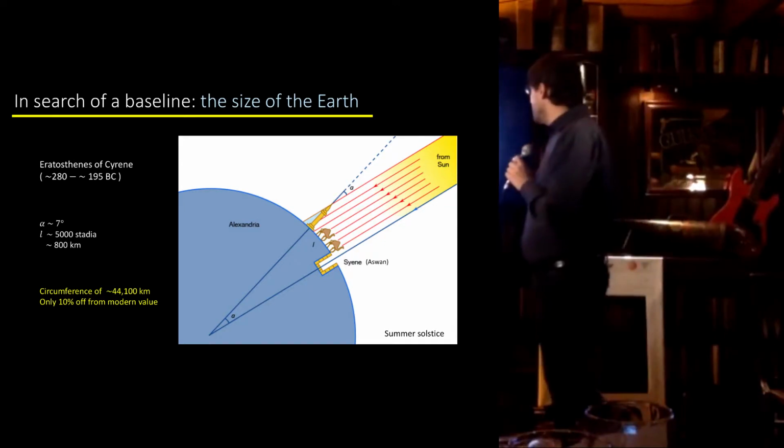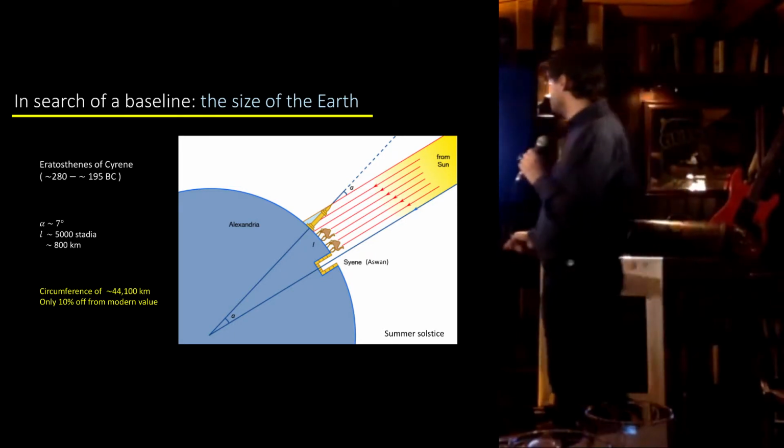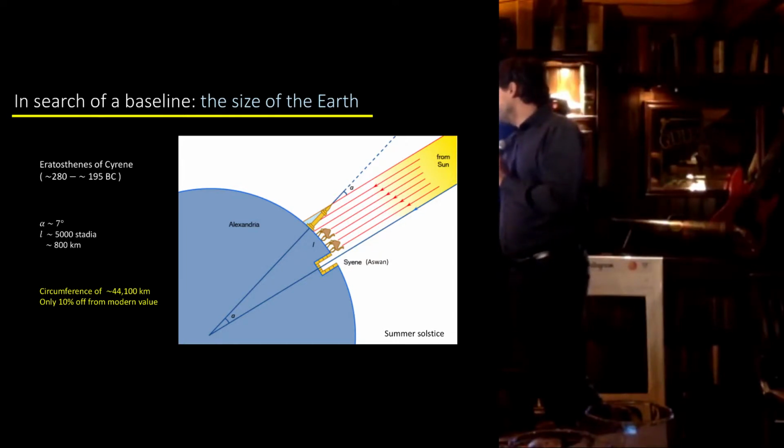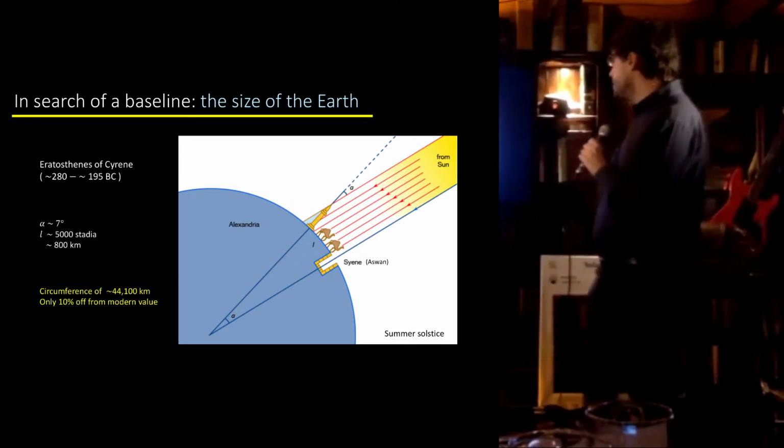And assuming that the direction from which the sunlight comes is always the same, this angle is exactly the angle that separates the two cities in which you do the measurements.